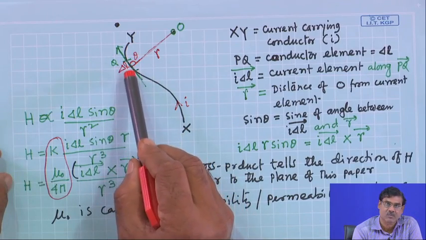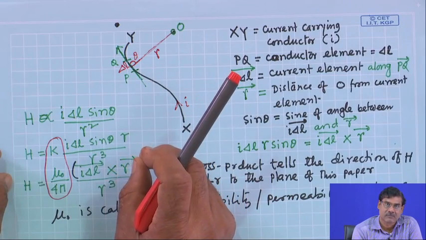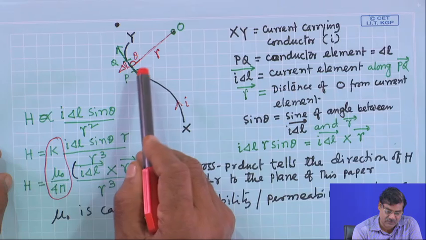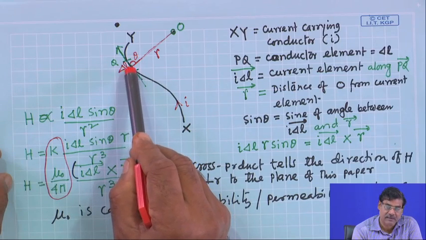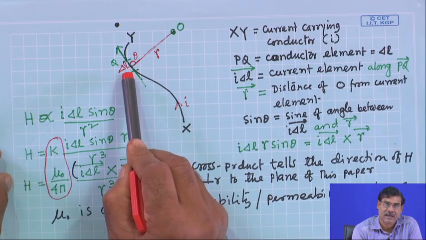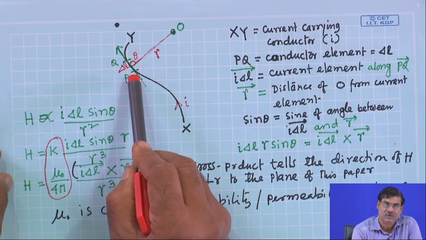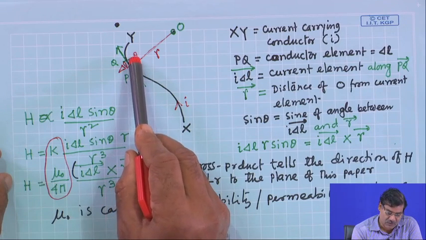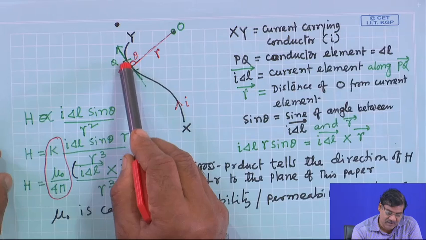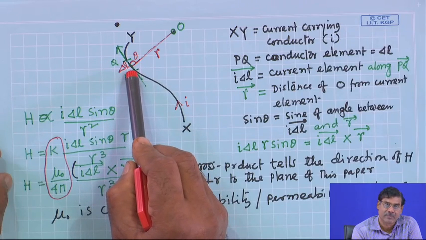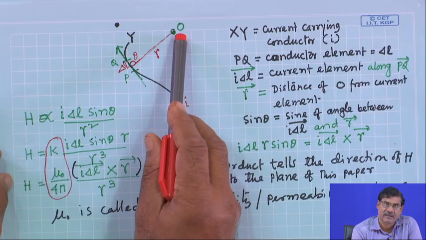So, we have taken a small part of it. Say this length is del L. That is why we are taking an element, a small portion of this conductor. So, due to the small portion of this conductor del L, what will be the magnetic field at this point O?